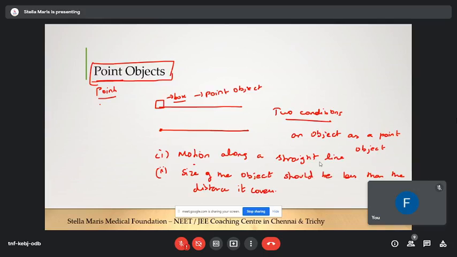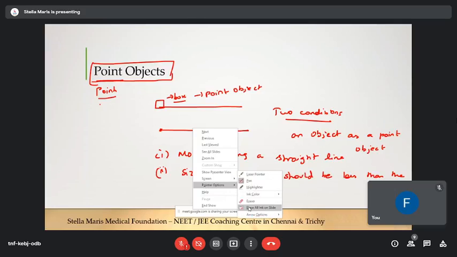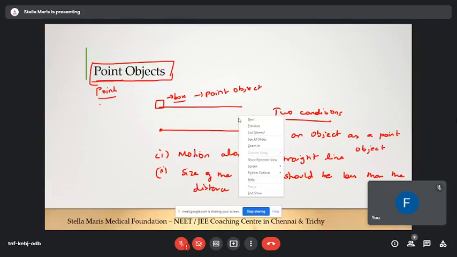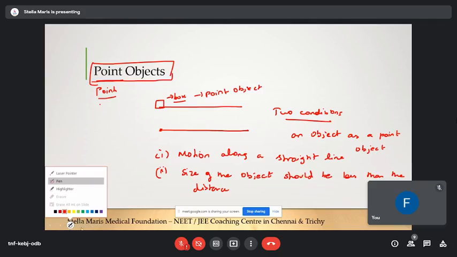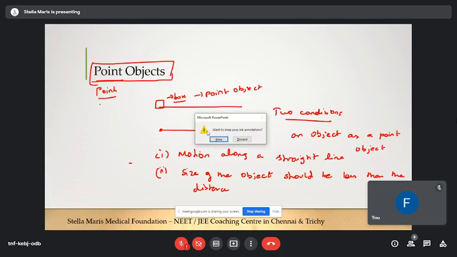Let's say this is A and this is B. So tell me whether the size of the object, that is this object's length, will be equal to, less than or greater than AB. AB is the distance the object covers, from A to B.